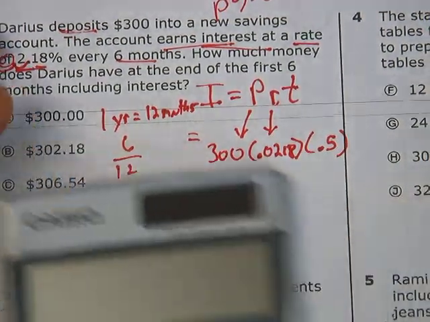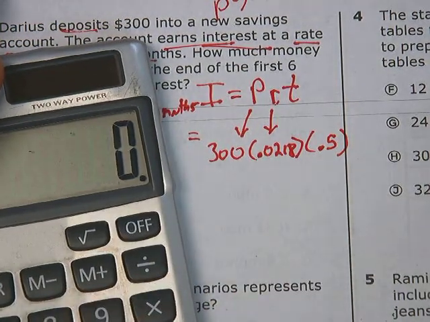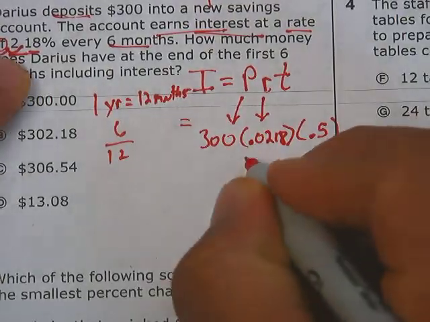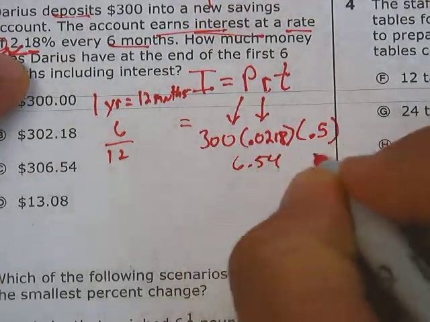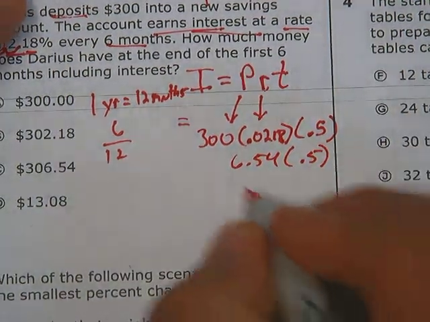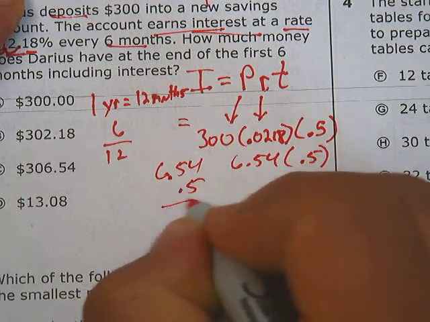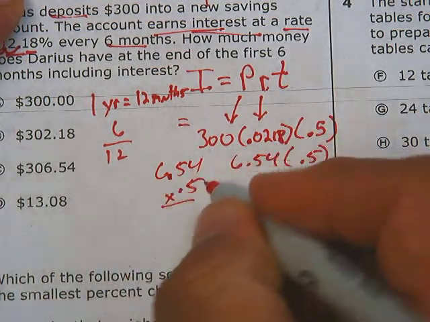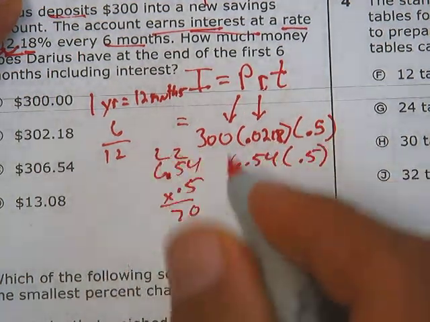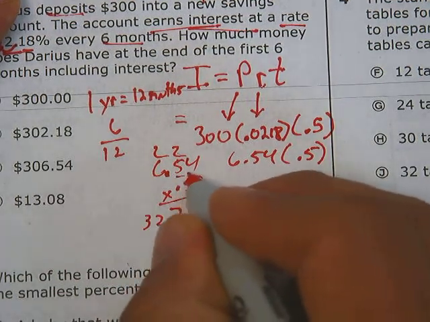For time's sake, I'm going to multiply this on the calculator. 300 times 0.0218 gives me 6.54. So these two together is 6.54, times 0.5. 5 times 4 is 20. 5 times 5 plus 2 is 27. 5 times 6 plus 2 is 32.